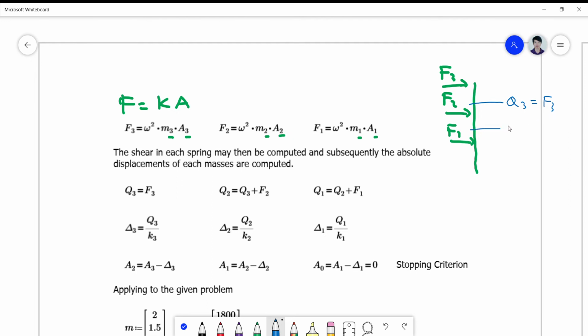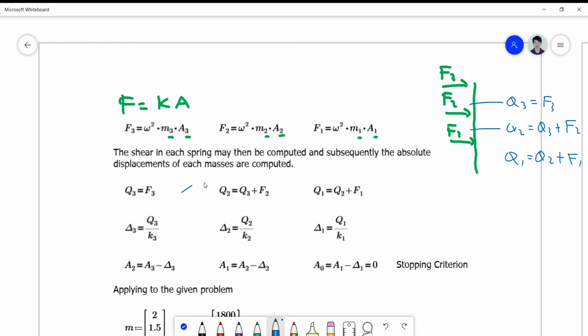Your shear here will be equal to Q2. You have to add Q3 plus F2. And then your Q1 here is equivalent to Q2, and you have to add F1. Or in short, Q3 is simply F3, Q2 is F3 plus F2, and Q1 is simply F3 plus F2 plus F1. Okay, so you can also look on it that way.